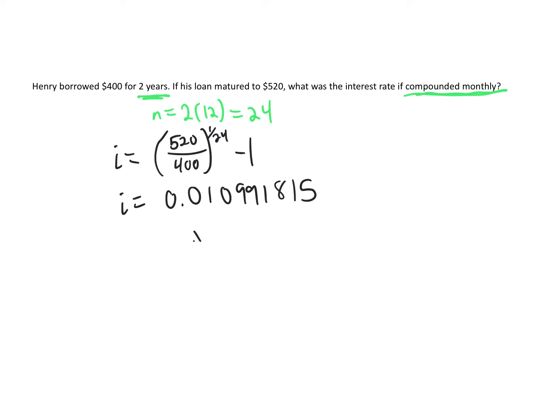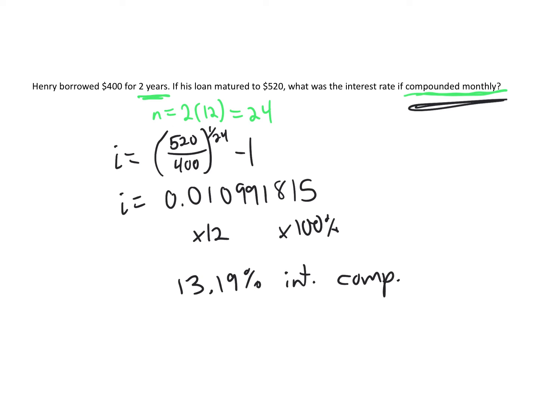Okay, so we're going to times it by 12 because of the monthly thing, and we're going to times it by 100%. So we get an interest rate of 13.19% interest compounded monthly for our final answer.